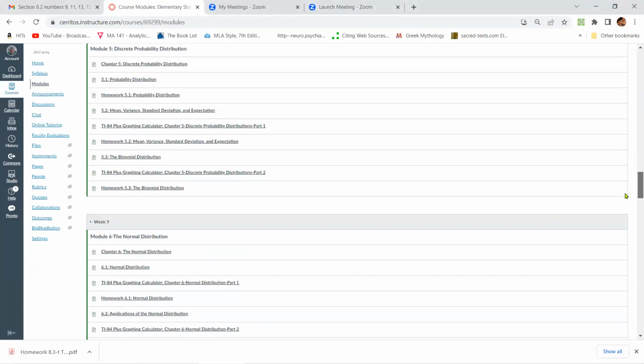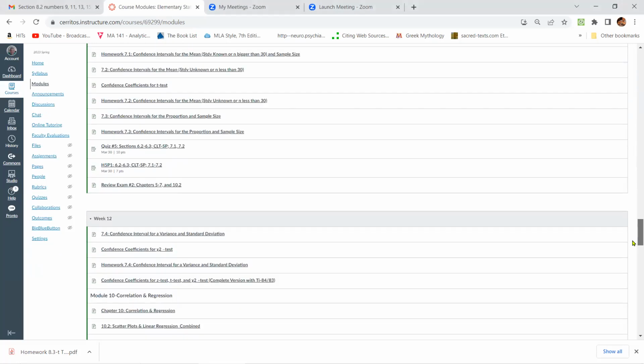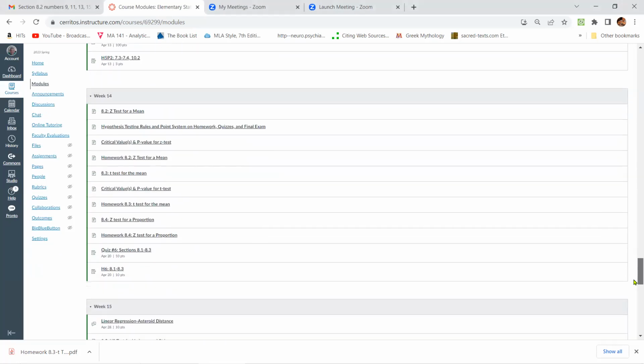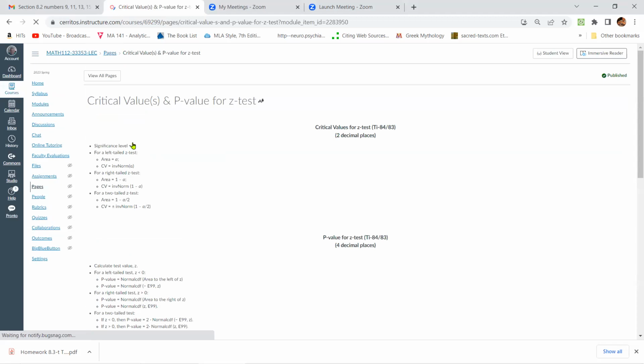If you go to the item that says critical values and p-values for the t-test, we have one for the t-test, which applies to 8.3. You also have one for the z-test here. Right now we're doing the z, so I'm going to open that up.